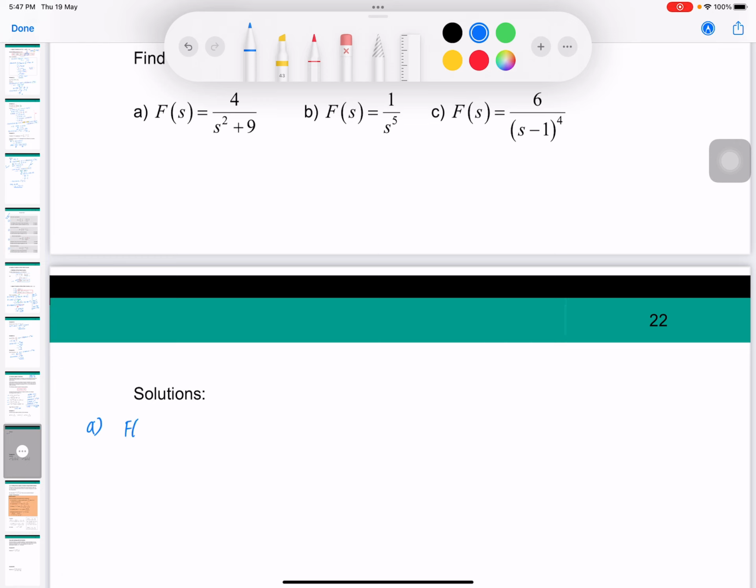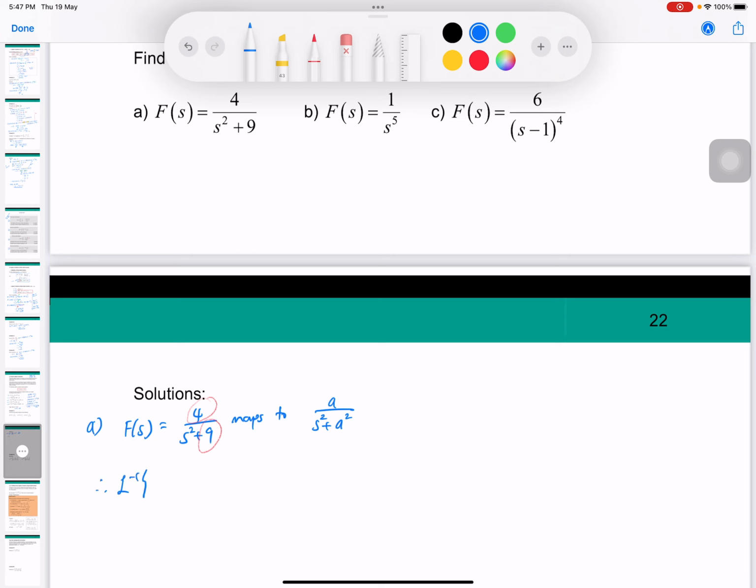We know this is your question. We try to determine which formula to use. This maps to a over s squared plus a squared. Okay, but you have to be careful. Our a here should be 3 because this is a 9, but up here it is a 4, so you have to do a little bit of manipulations.